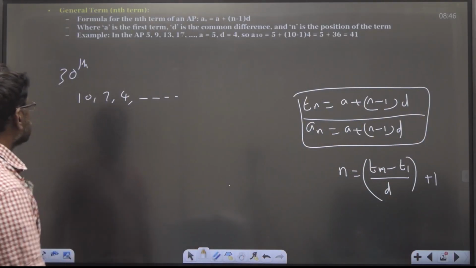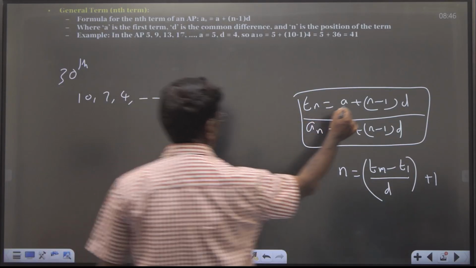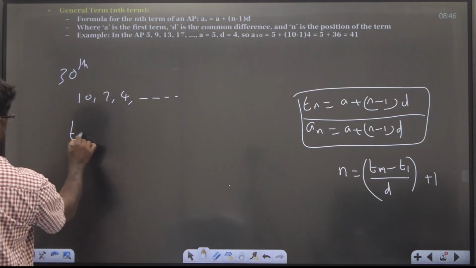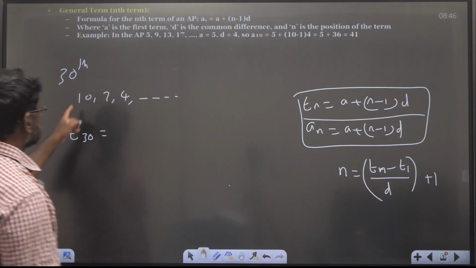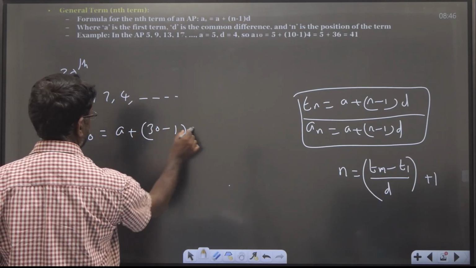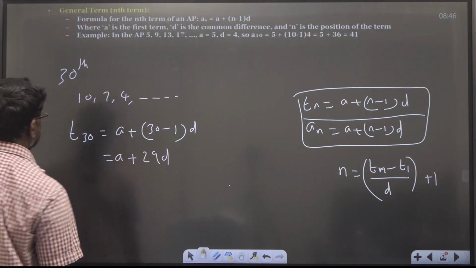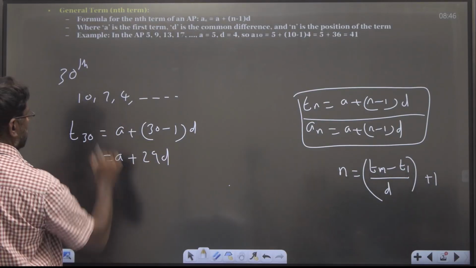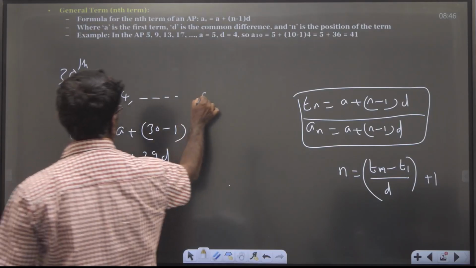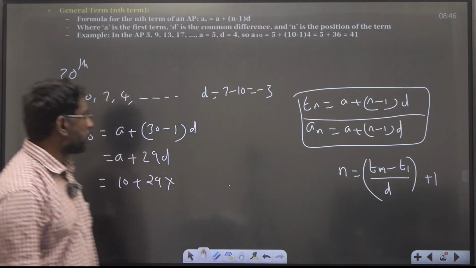We have Tn. What is the formula? Tn is equal to A plus N minus 1 into D. So, T30 is equal to, N is 30, A plus 30 minus 1 into D. That is equal to A plus 29D. What is A? 10 plus 29. What is D? Here D is equal to 7 minus 10, that is minus 3.